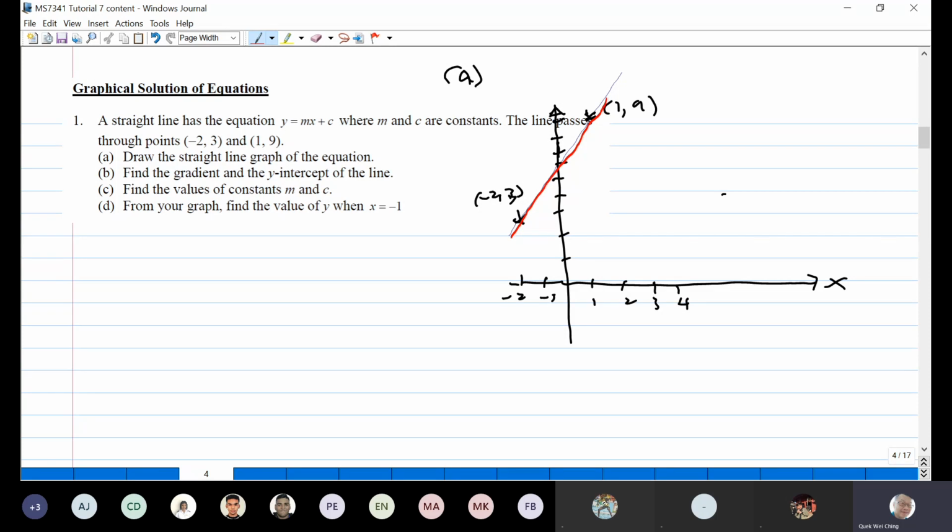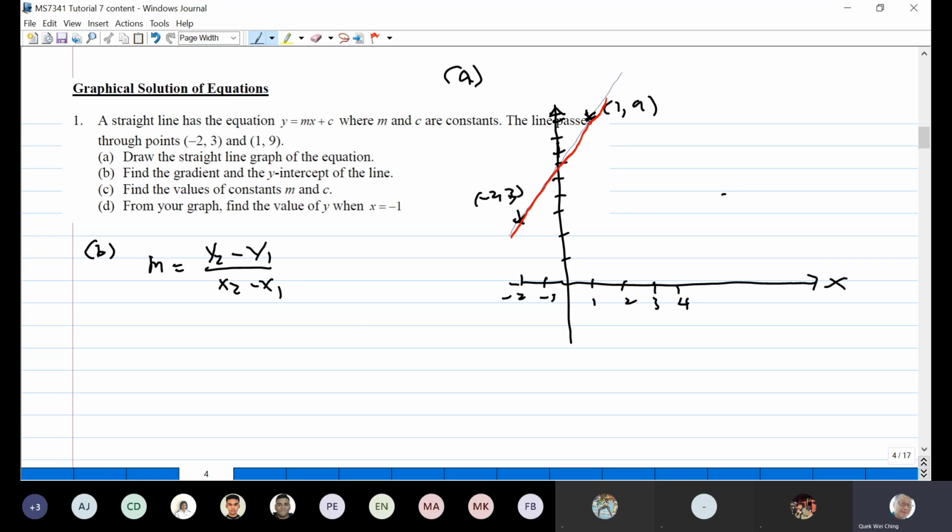Part A. Find the gradient and the y-intercept of the straight line. How to find the gradient? There's a formula for gradient. The formula for gradient is y2 minus y1 over x2 minus x1. This is how to find the gradient, right?